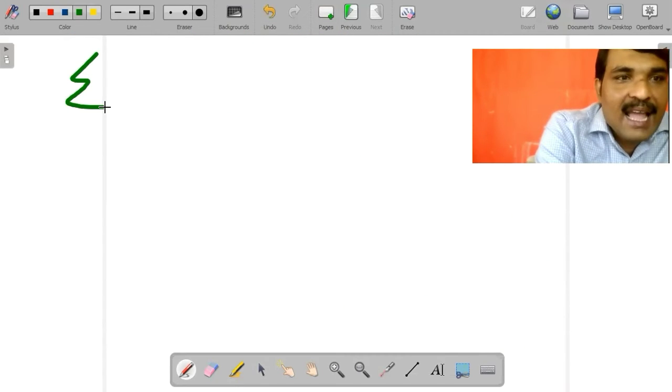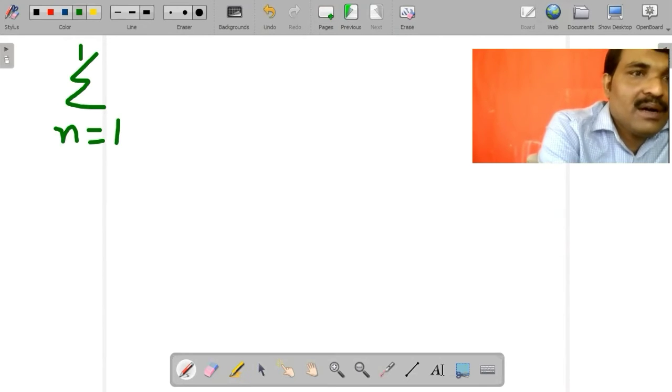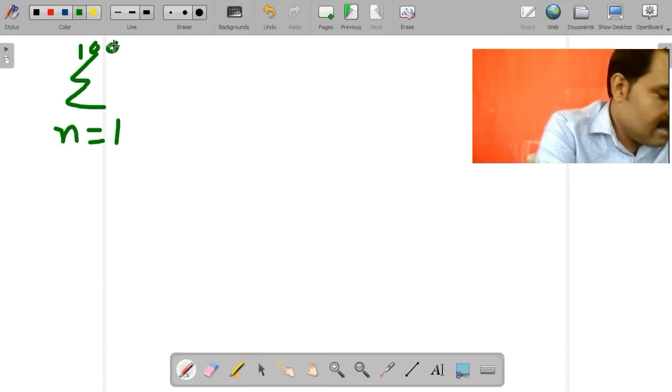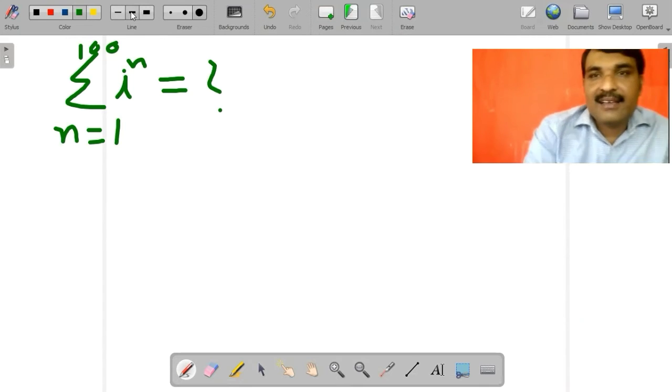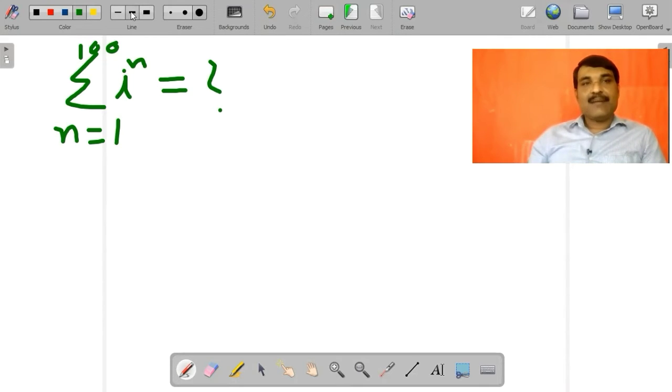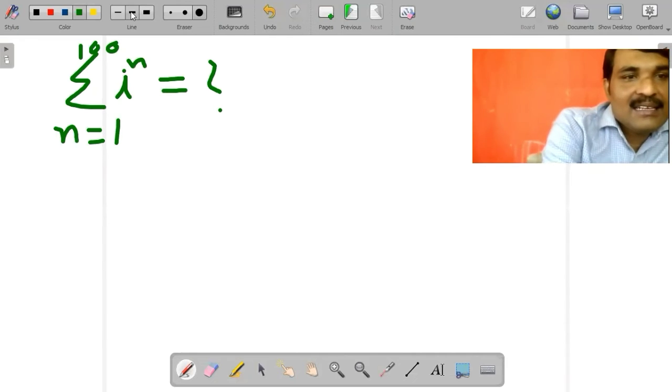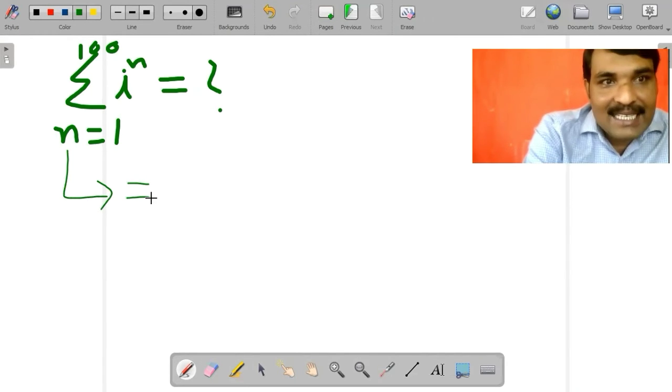Summation n varies from 1 to 100, iota raised to n is equal to question mark. Right? Okay. What is the value of this summation? We can write this summation as value of n starting from 1.